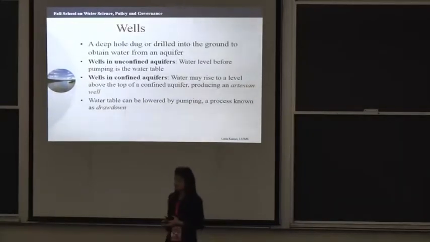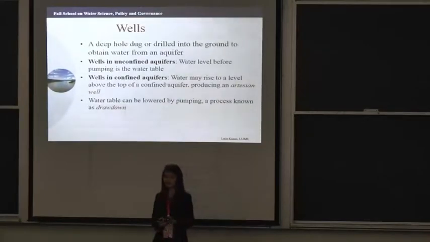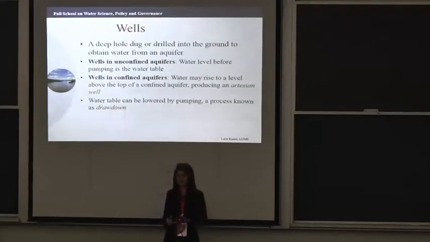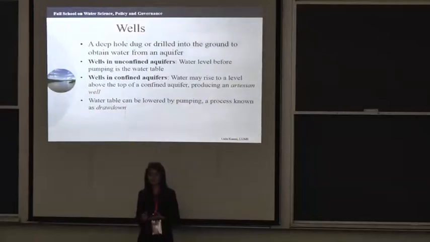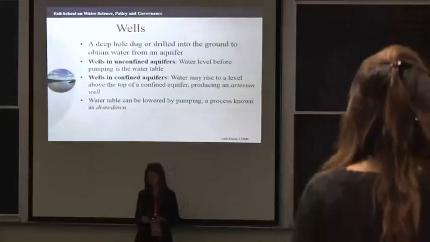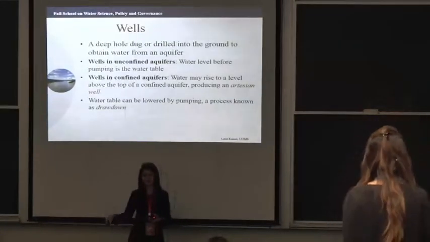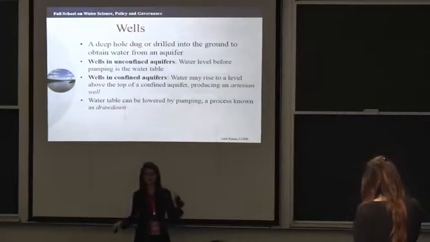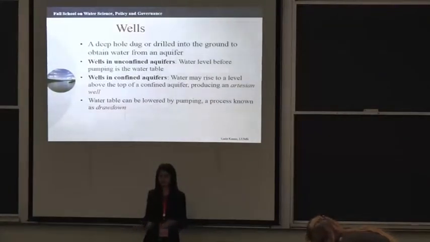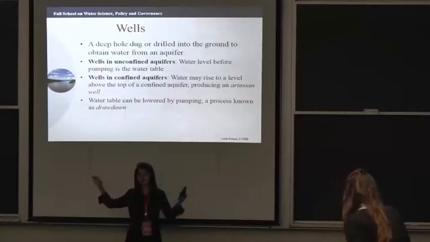So one of the ways that we can induce groundwater to move faster is through digging wells. Wells are basically holes that are dug into the ground to reach the aquifer. You can make wells in the unconfined and in the confined aquifers. The unconfined aquifer is open to the surface.